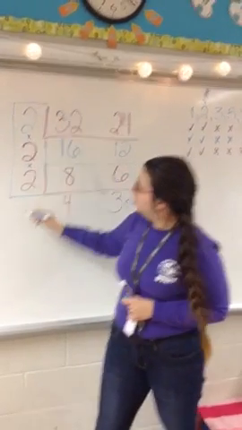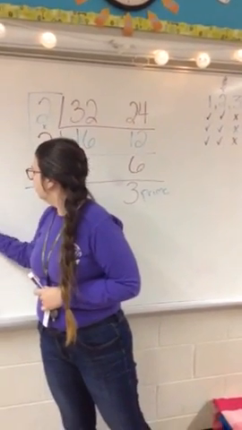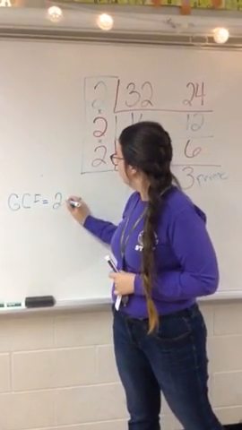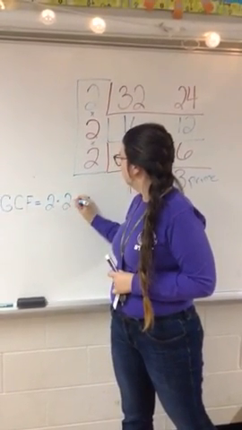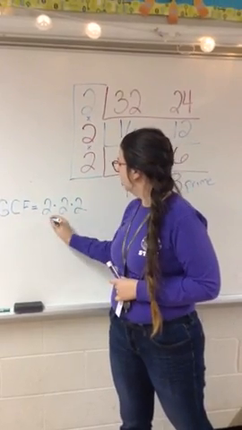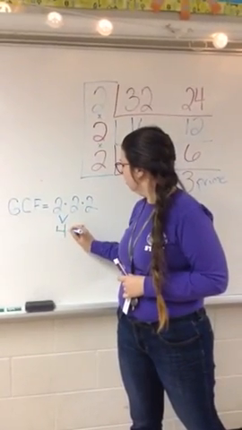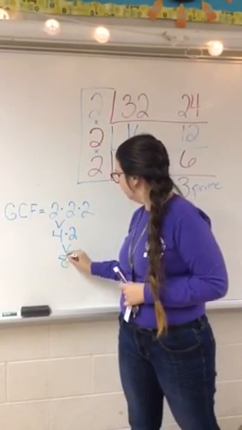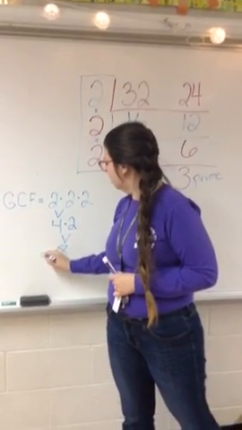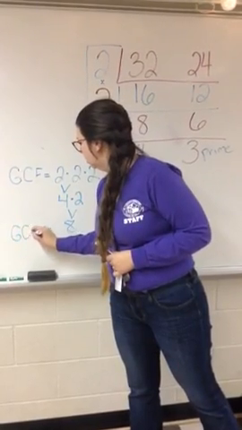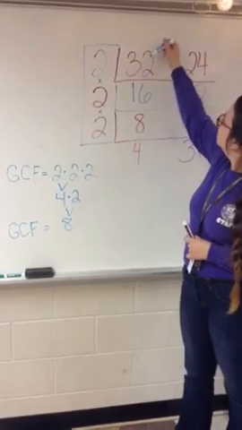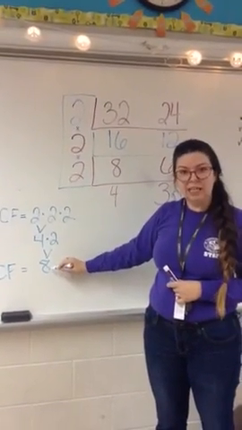So this problem becomes our greatest common factor, which will look like 2 times 2 times 2. 2 times 2 is 4. Bring down your other 2. 4 times 2 is 8. And this tells us that our greatest common factor equals 8.